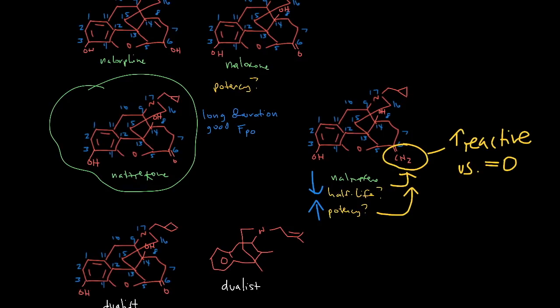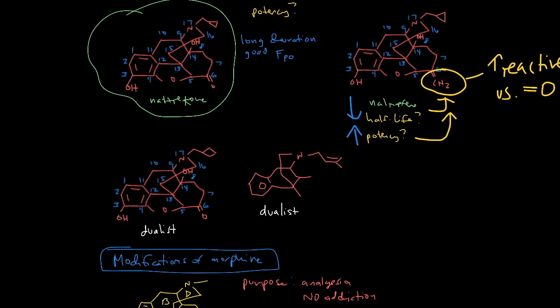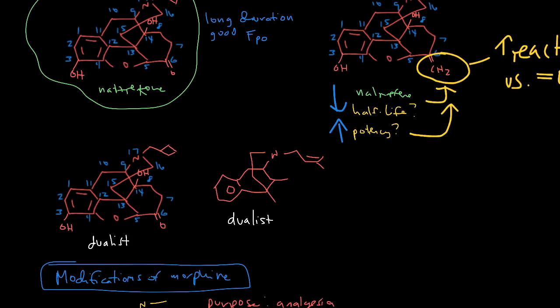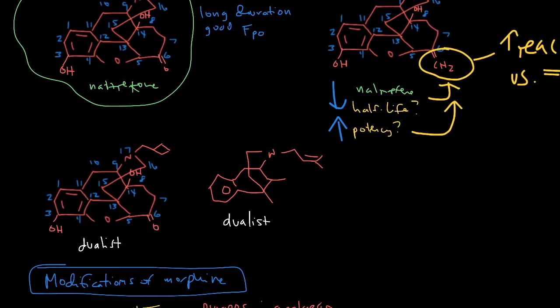So here are your dualists, which I said have 5 carbons. At the 20 position, attached to the 17 position amine group, the nitrogen group, you have 1, 2, 3, 4, 5 carbons. Over here, you have 1, 2, 3, 4, 5 carbons.